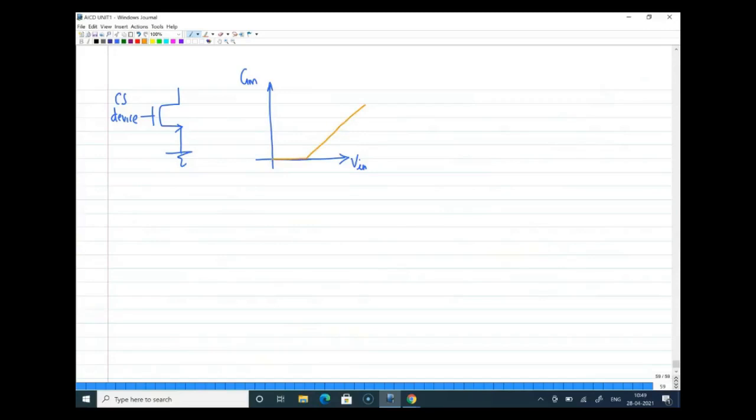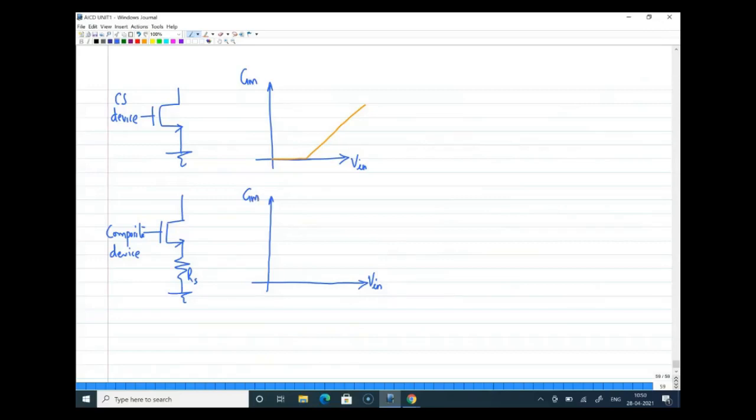But now what happened? Now I have a composite device here, and it is understood that in this context a composite device is a MOSFET and a resistance RS. Now, if I ask you to draw the relationship between Gm and V in for this device, how will it be?